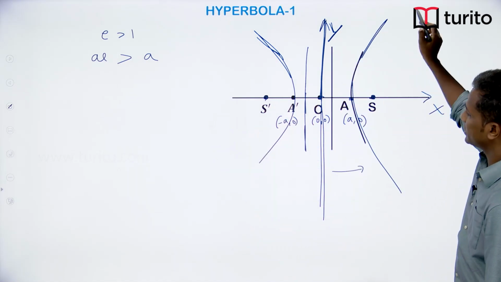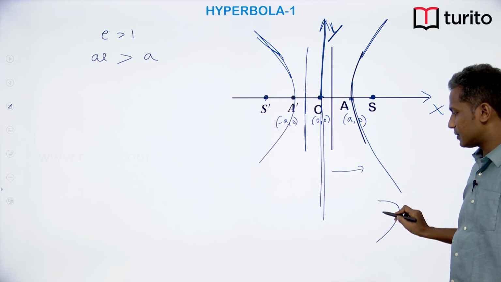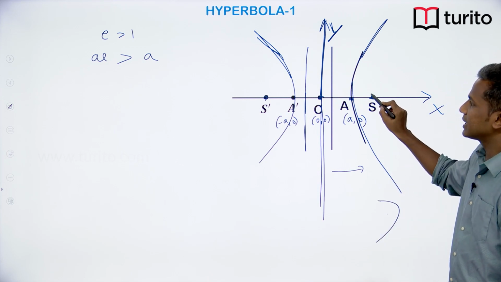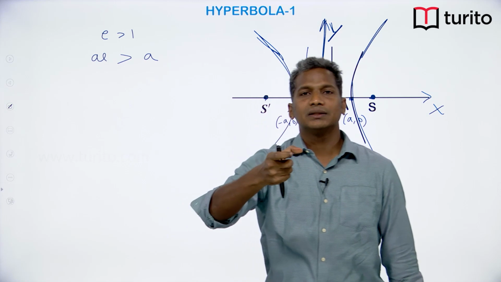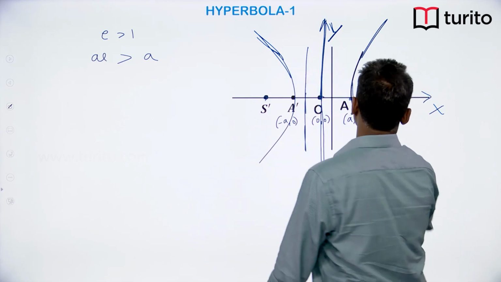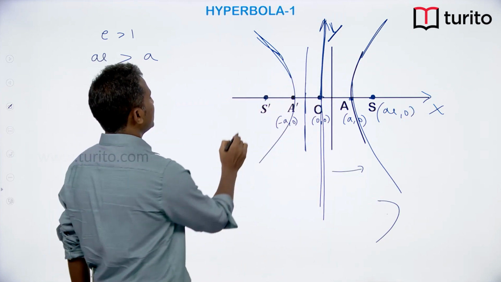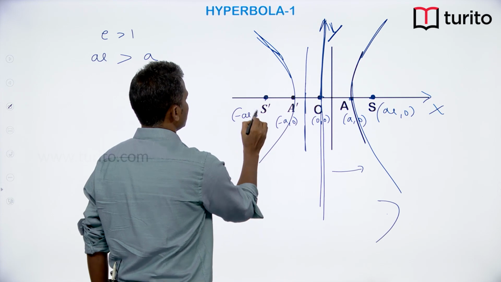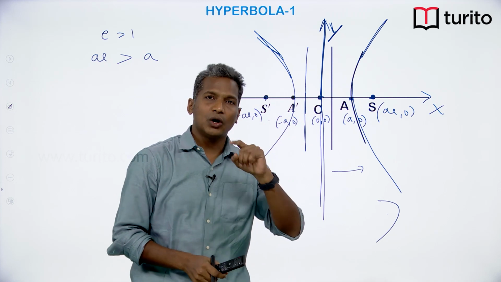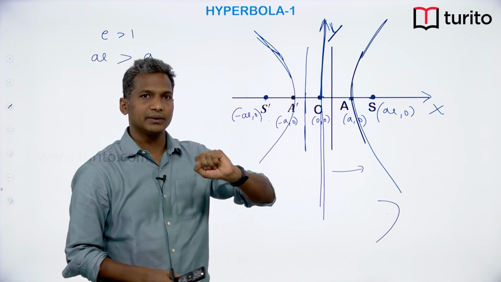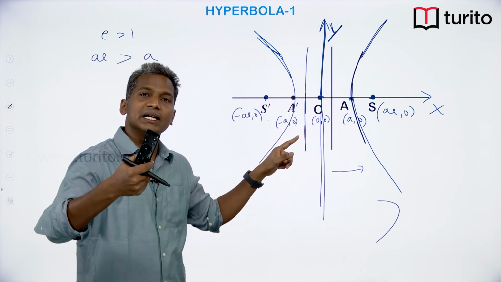Because here the curvature is towards this direction, the focus must be here. If the curvature is like this, the focus must be here. So, the focus is coming after the vertex. So, we define ae as the focus. That means here S can be taken as ae comma 0 and S dash can be taken as minus ae comma 0. So, if you remember, we are setting up the origin, we are setting up the center, we are fixing A and A dash, we are designing S and S dash.